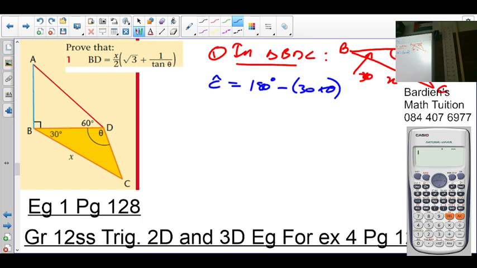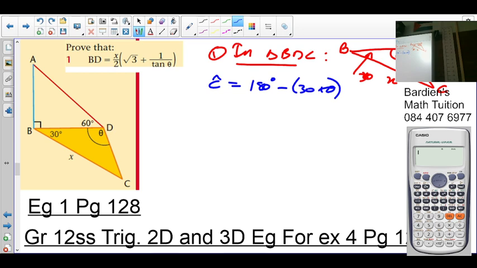But if you're going with 150 minus theta, then you must go back and say 180 minus to apply the reduction formula. You understand? So, just keep it as 180 minus 30 plus theta for now.